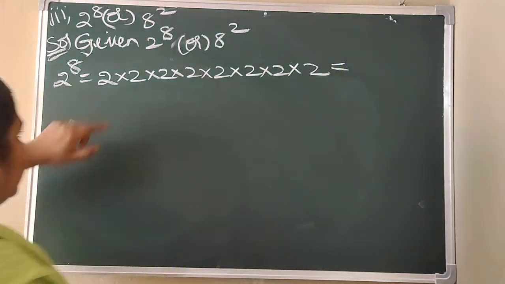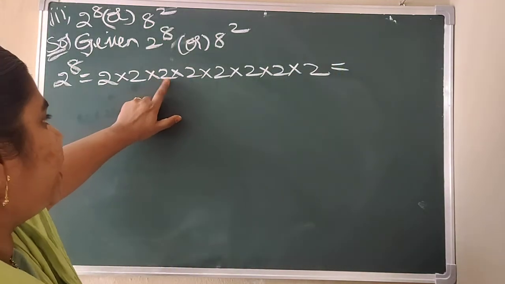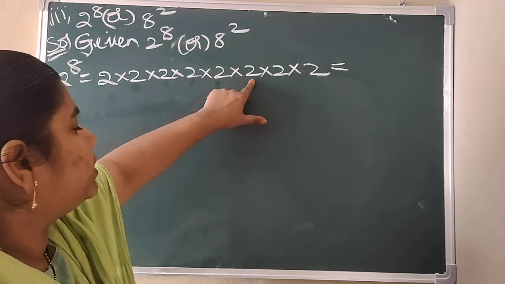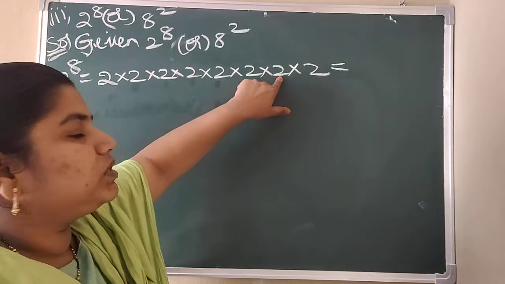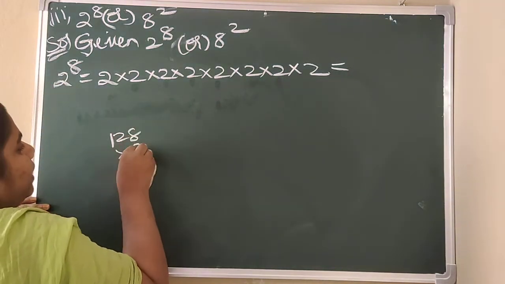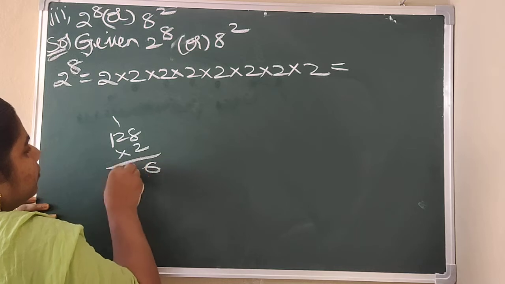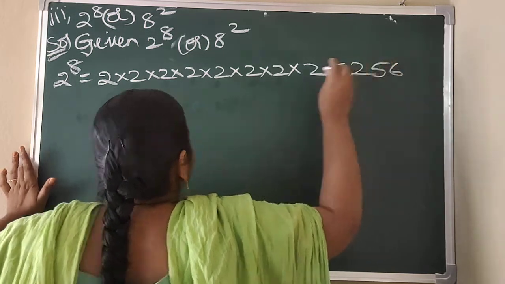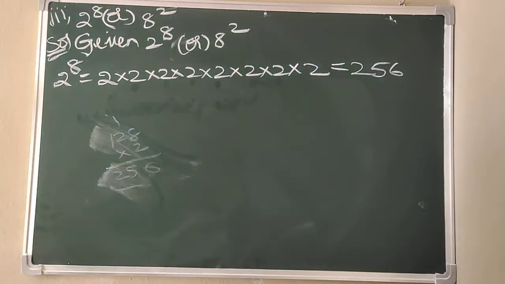So it will be how much? 2 2s are 4, 4 2s are 8, 8 2s are 16, 16 2s are 32, 32 2s are 64, 64 2s are 128, and 128 2 times will be 256. So here we got 256. Now we have to find for 8 square.